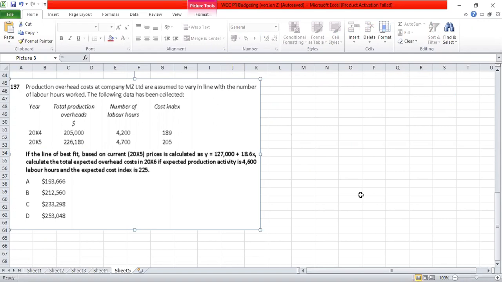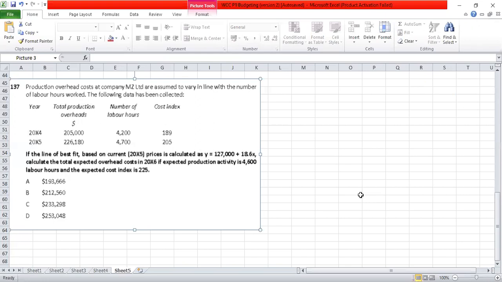The following data has been collected. Year is 20x4 and 20x5. Production overheads are given. Number of labor hours are given. Cost index is also given.